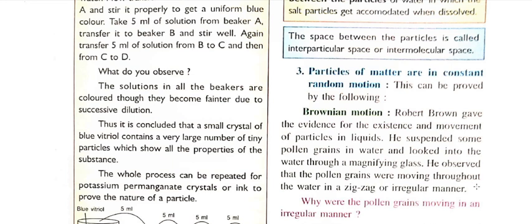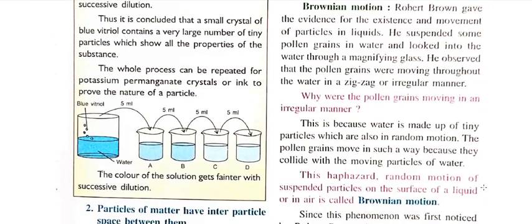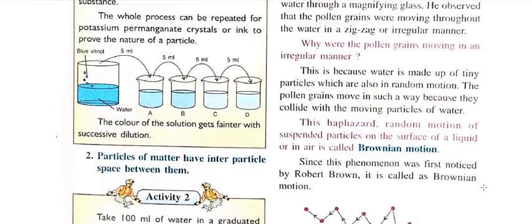Why were pollen grains moving in an irregular or zigzag manner? Now there was an explanation. This is because water is made up of tiny particles which are also in random motion, and that random motion was due to molecular movement. Due to the molecular movement of water, the pollen also started to move.